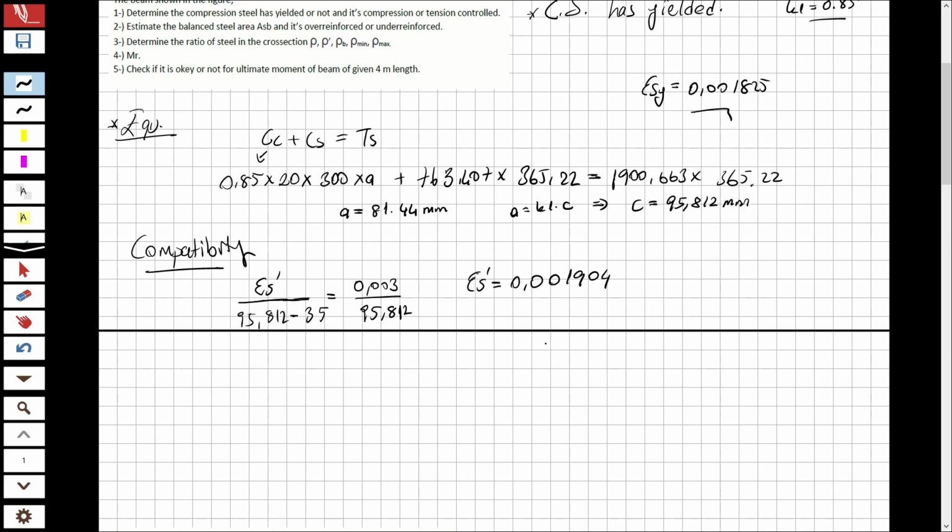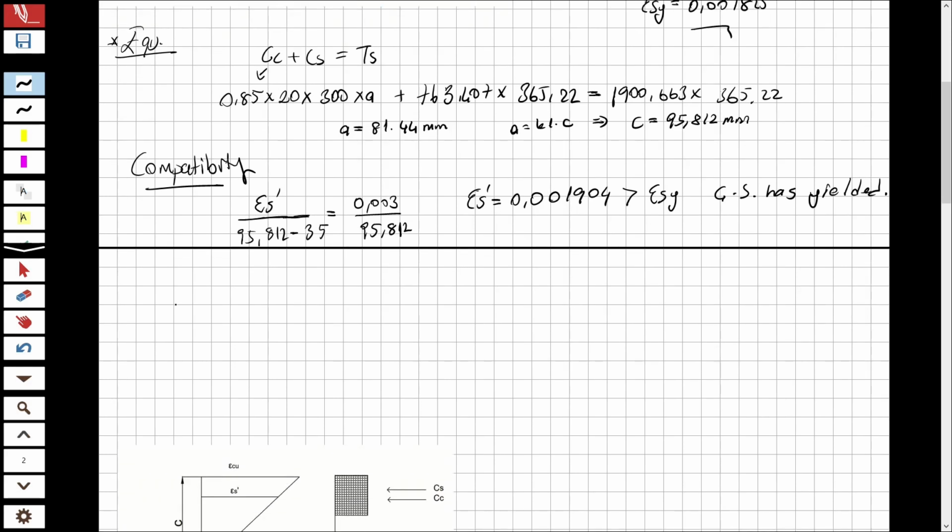When I compare with this, I know that it's bigger than epsilon SY, so the compression steel has yielded. Now I obtained that the compression steel has yielded.